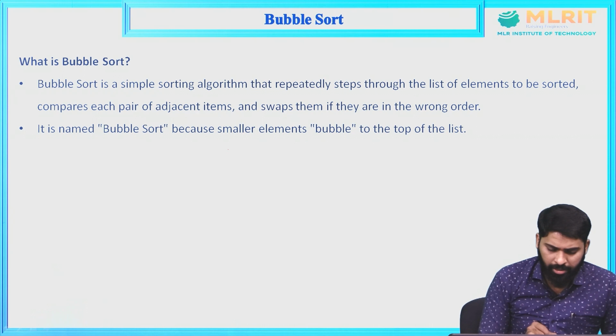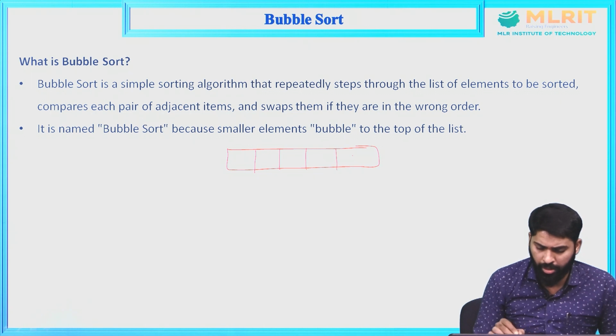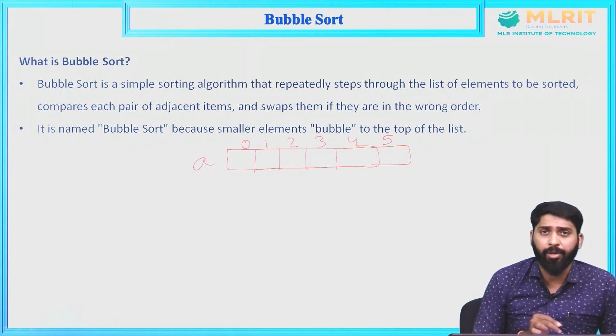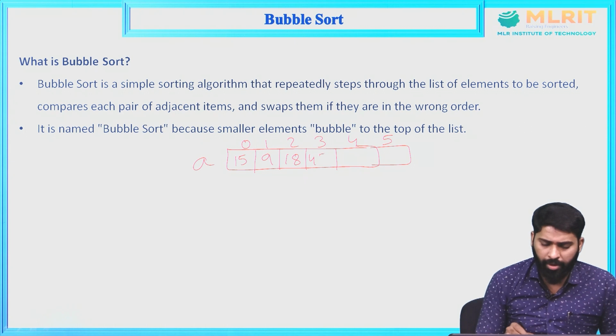So let us consider 6 elements, indexes 0, 1, 2, 3, 4, 5. This is the array name A. Let us assume these are the elements 15, 9, 18, 45, 98, 35.